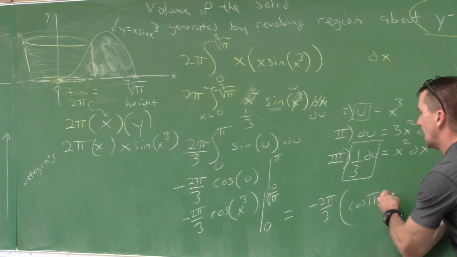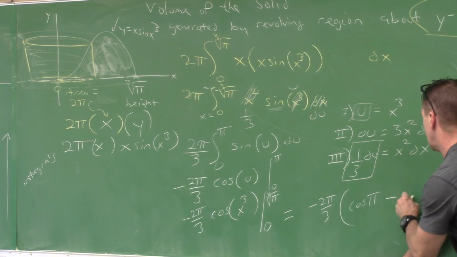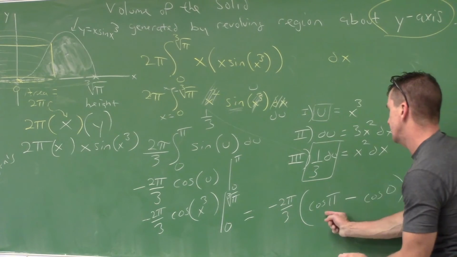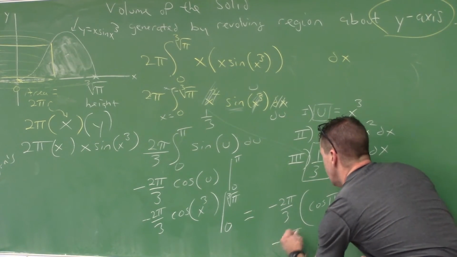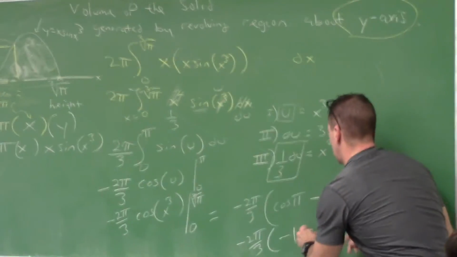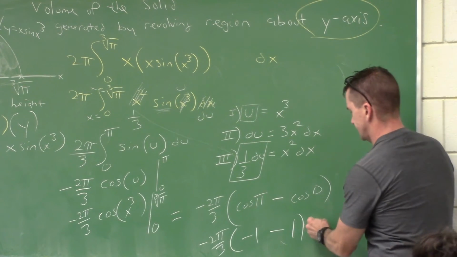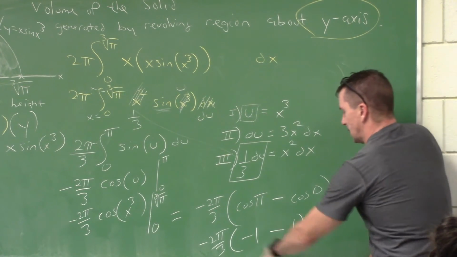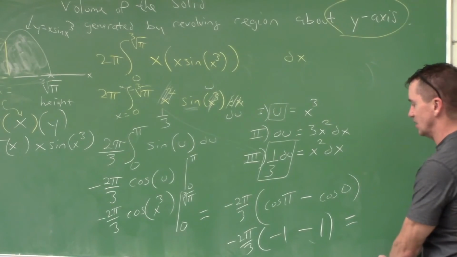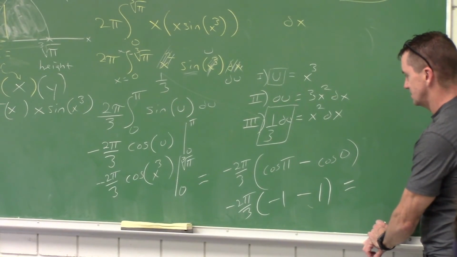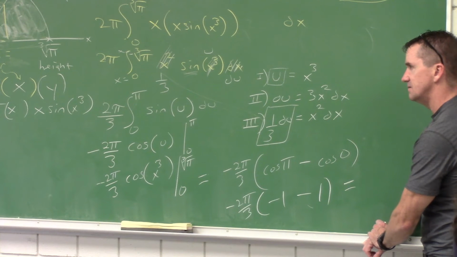Then I would subtract, and I'd get the cosine of 0. Now, what's this number? Negative 1? What's this number? 1. What's the final answer? Oh, it's positive. What's a negative 2? Is that 4 pi over 3?